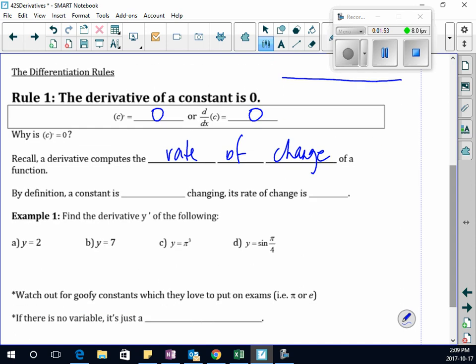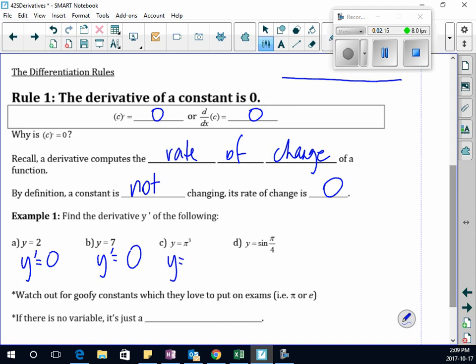So by definition, a constant is not changing. That means its rate of change is 0. So what's the derivative of y equals 2? Y prime would be 0. What would y prime be for b? 0. What would y prime be for c?